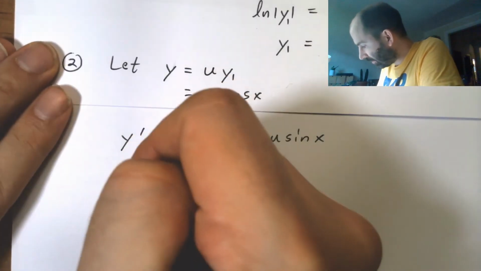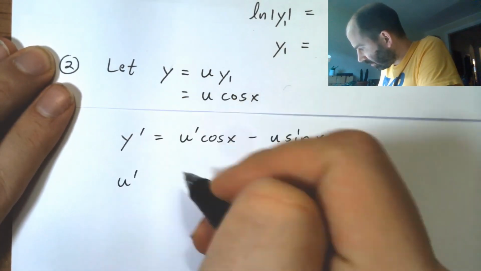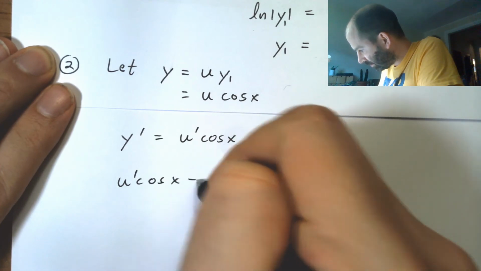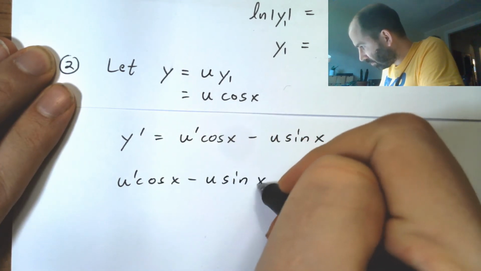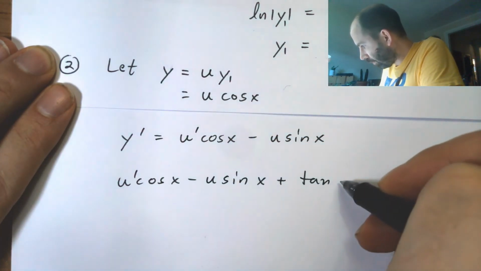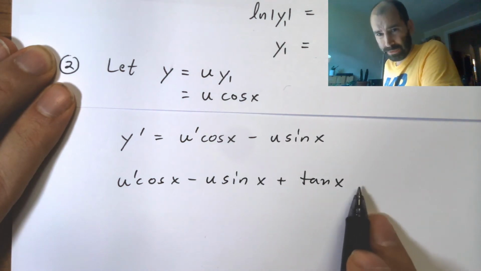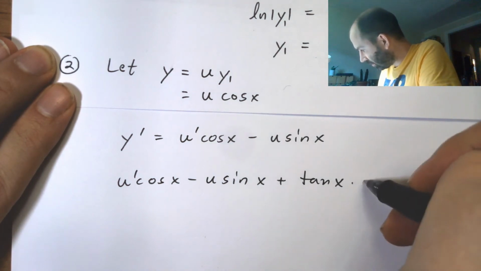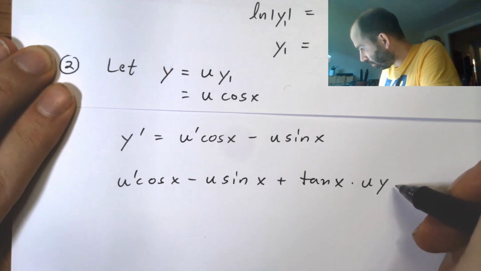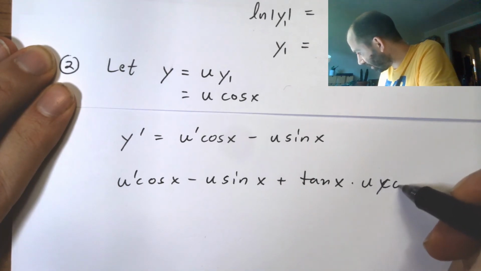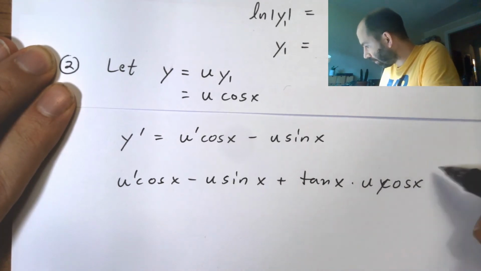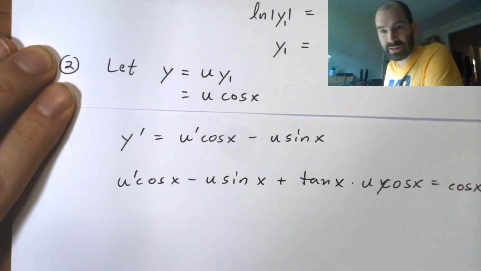And what do you get? Now, it was tan x times y, so now it's u times y1. It's u times cosine x, right? And the right-hand side is cosine x.